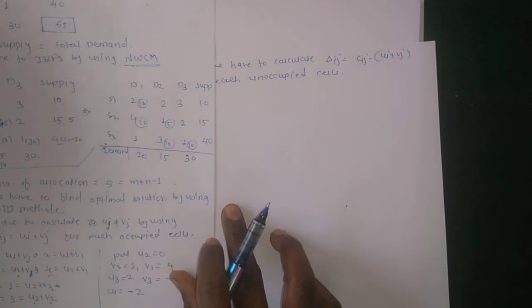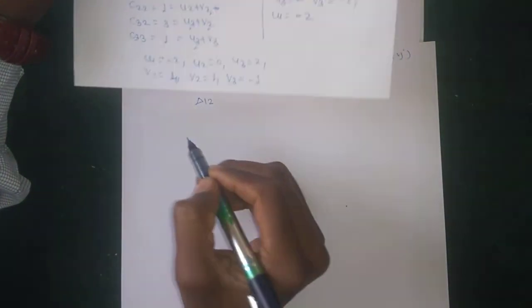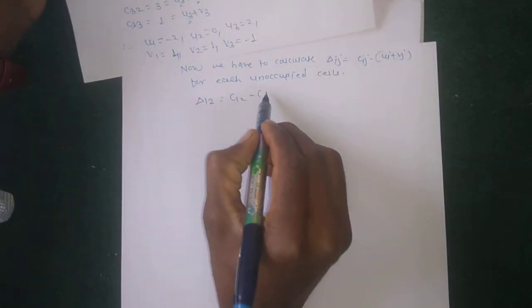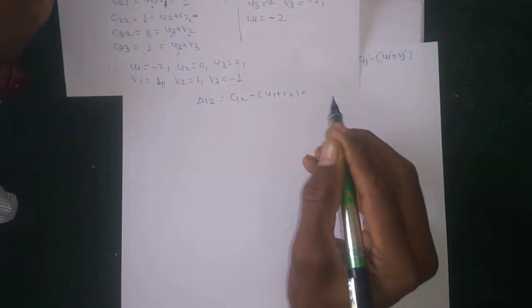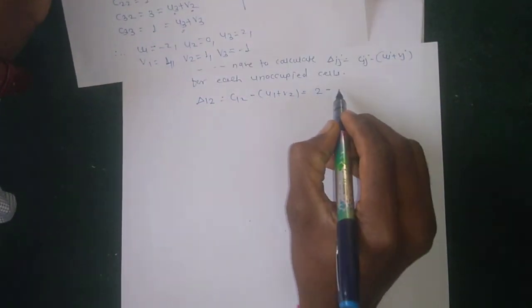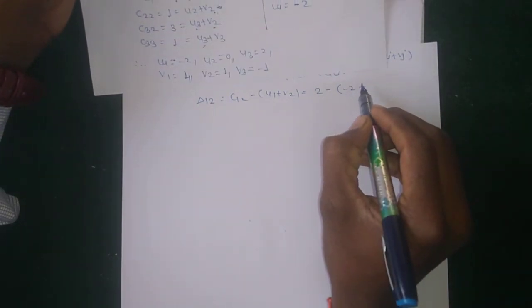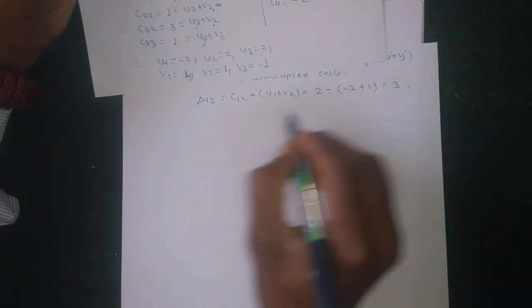Delta 12, first row second column, is equal to C12 minus (U1 plus V2), which implies C12 has value 2, minus (U1 value minus 2 plus V2 value 1). So 2 minus minus 1 is equal to 3.